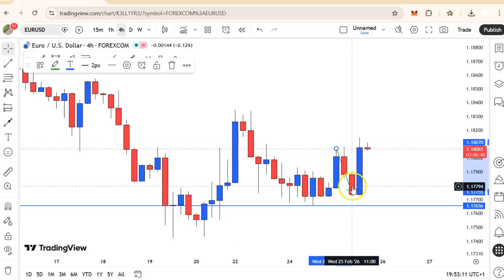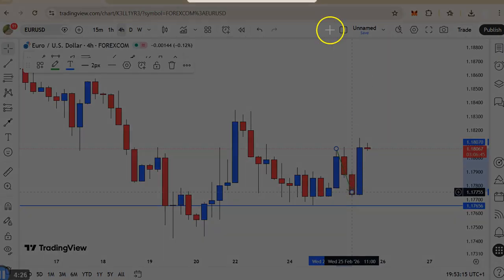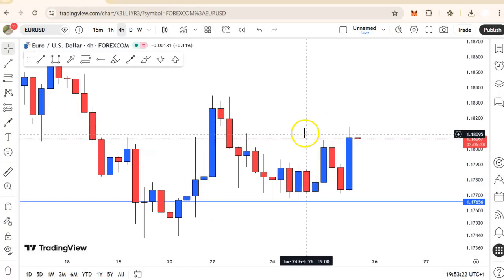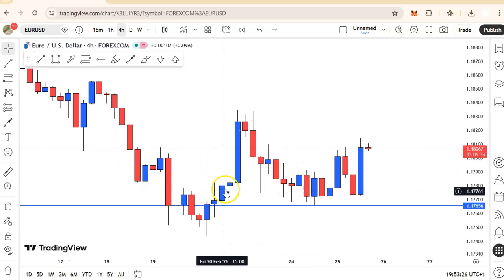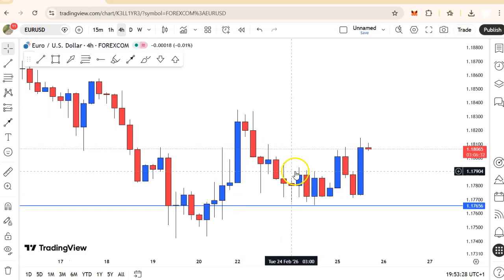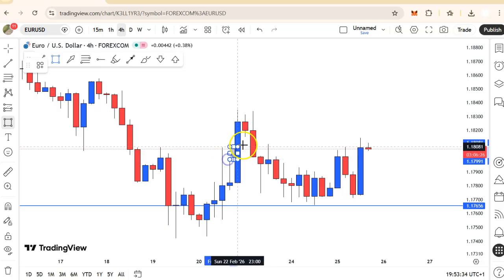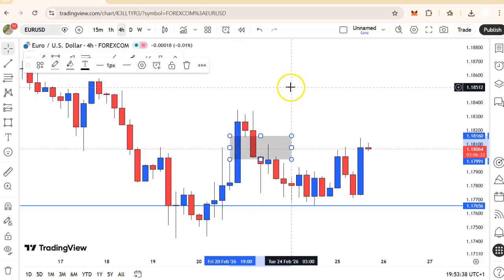And why were we looking for that leg down? Simply because the daily was of course bearish, and on the 4-hourly we also saw bearish footprints of the price action, right? So as you can see here, at the start of this week we had this move to the upside, and we said that in case this bullish imbalance holds, we can start looking for possible long opportunities.